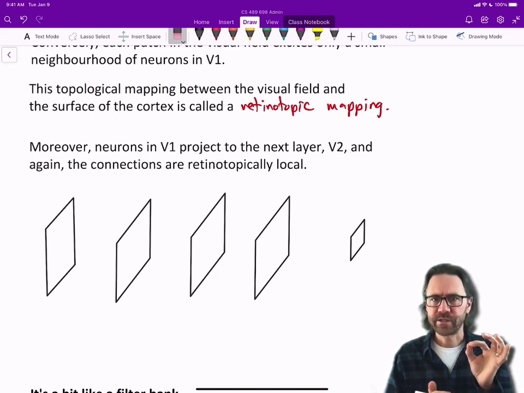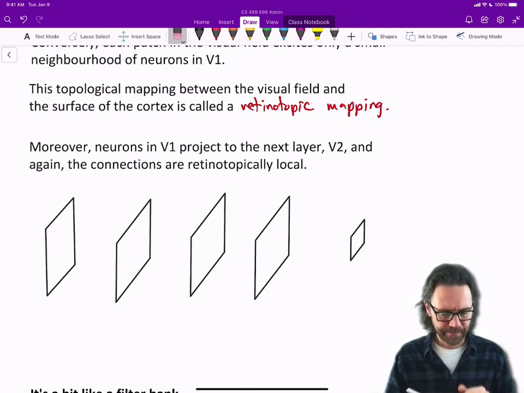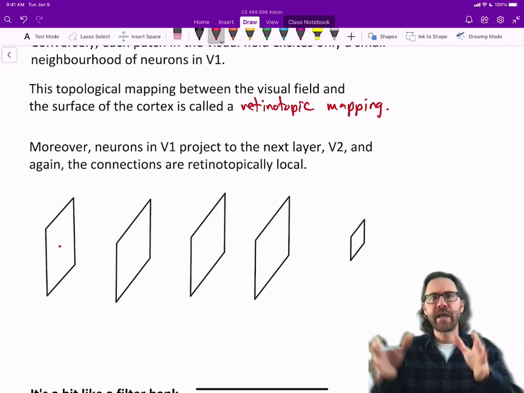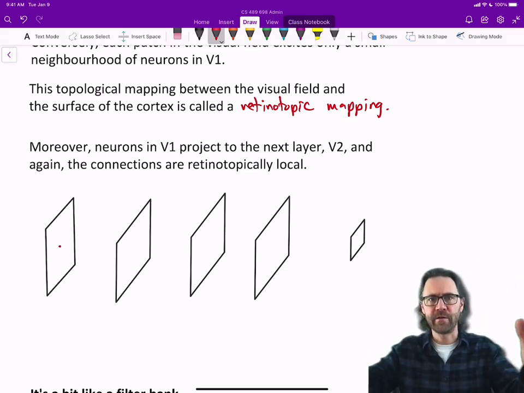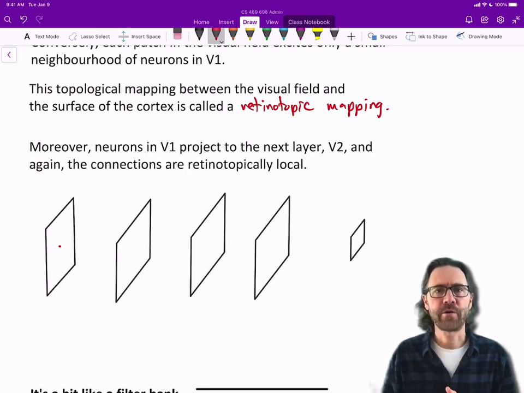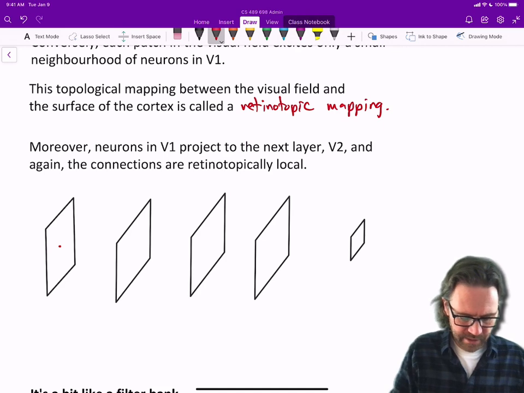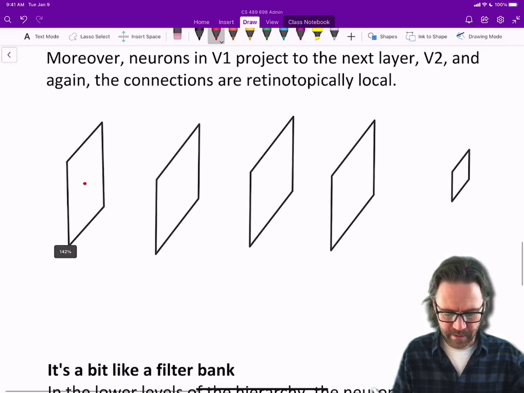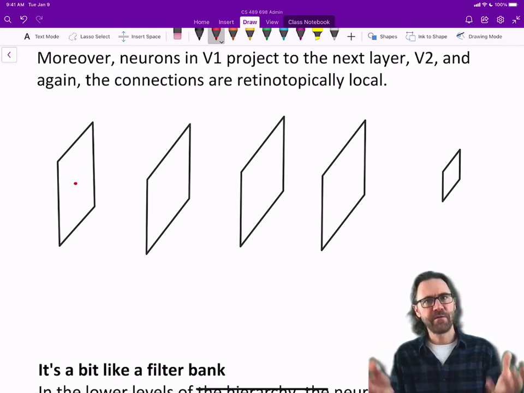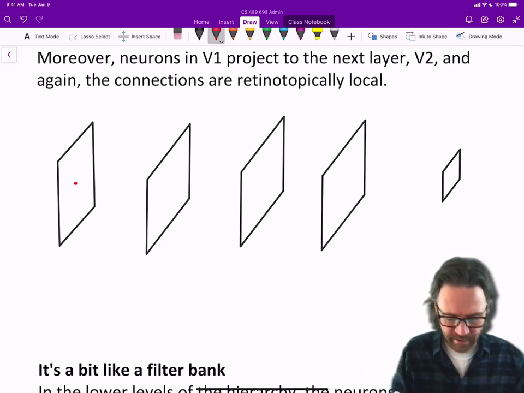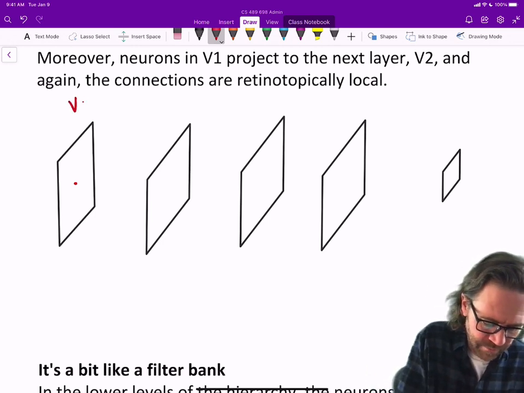So let's look at a single neuron in V1 and look at the cascade of neurons in V2 and subsequent hierarchical layers in the visual system that are affected by it. So this neuron in V1 is going to be in the footprint, or the receptive field, of a little neighborhood of neurons in V2. So this is V1 here.